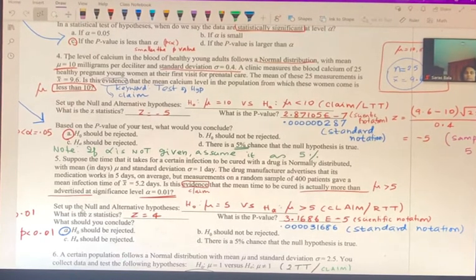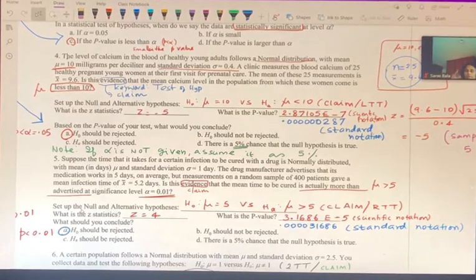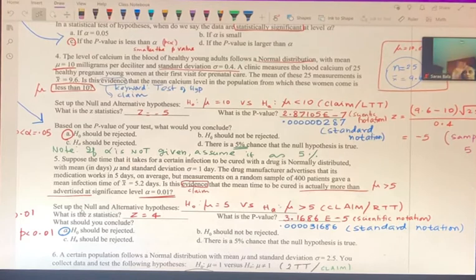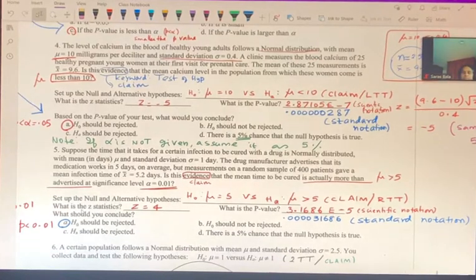So mu equal to 10, mu sub 0, versus one of the alternatives. It could be less than, greater than, or not equal to, not all three, just one of the three. But because of the keyword less than 10, my alternate hypothesis is less than 10, and that's what is going to be tested.